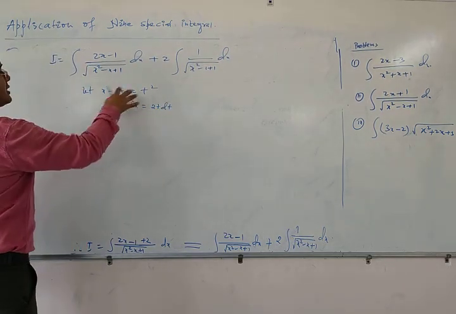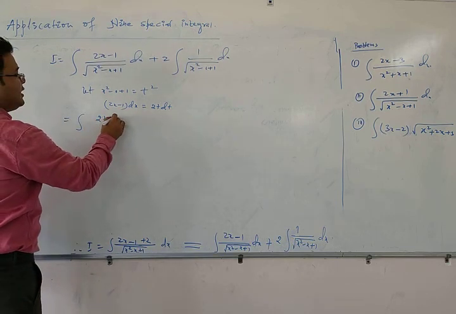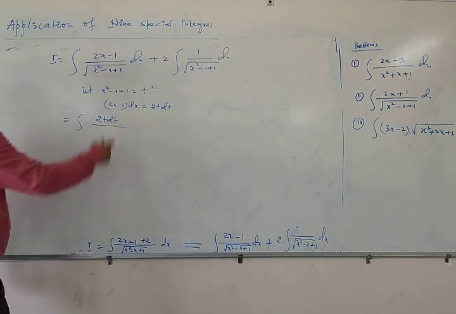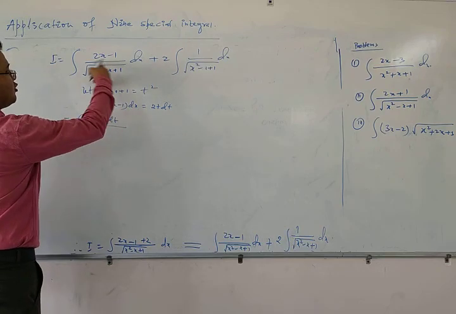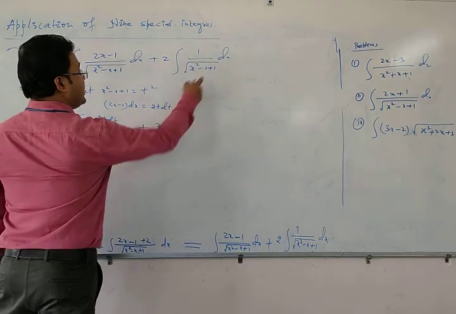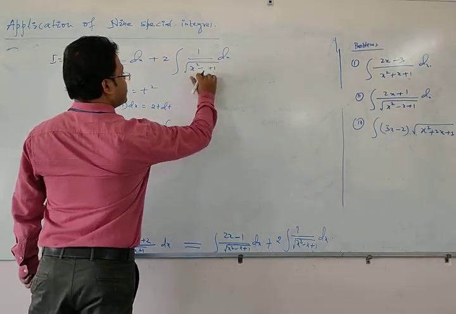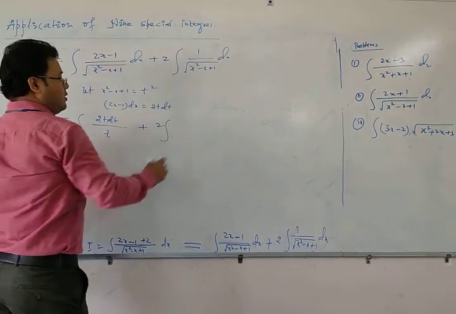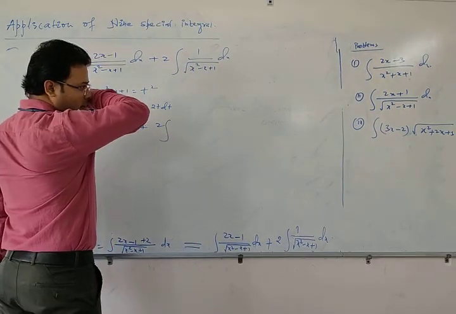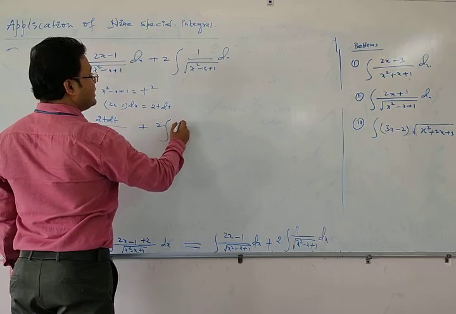So using these substitutions we will get 2t dt, and in place of this you can write t square. On simplifying we will get simply t plus, and here the second is type A, so you can make it as a sum of two perfect squares, as we have seen in the last lecture.